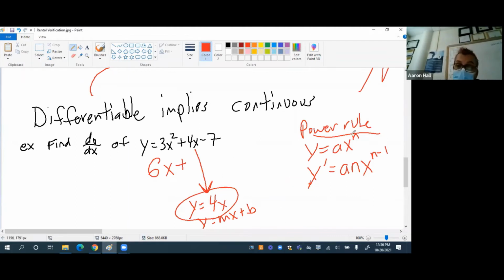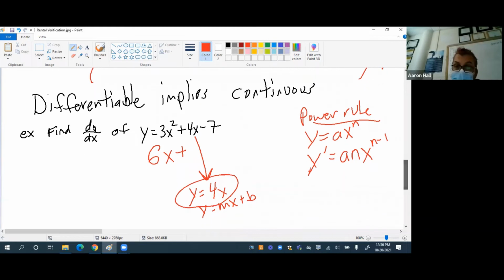Now, the other way I could do it is I could still use the power rule. I could rewrite this as 4x to the power of 1. So if I use the rule, what are my a and n values? 4, and then N is 1. Okay, so we multiply both of those, right? To get what?